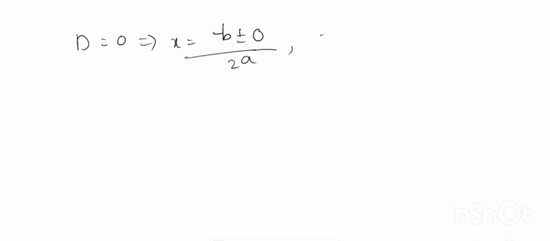And for D is equal to 0, x is equal to minus b plus or minus 0 by 2a. Here both the roots are same. So here the roots are real and same.